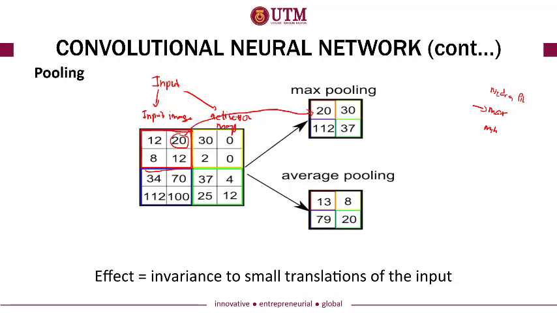Then another thing you realize in this example is that when they slide the window to this yellow region, actually they jump 2 steps ahead. 1, 2.